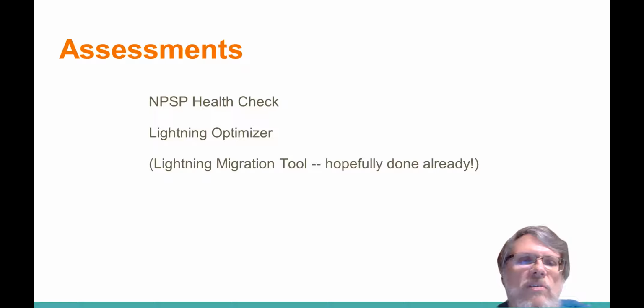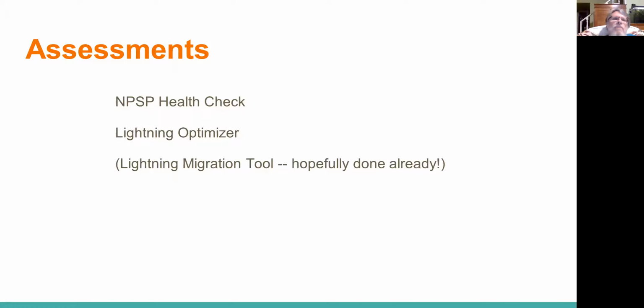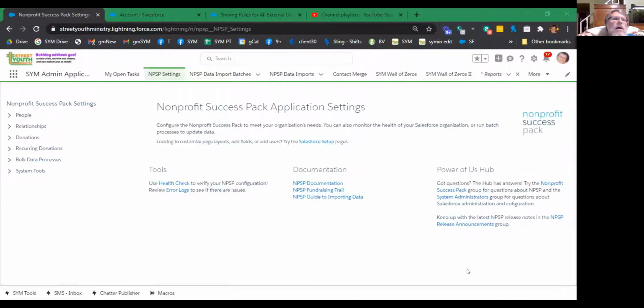So I'm going to switch over to my org. All right, you are looking at my customized admin application. It's just a set of tabs that you can put together for yourself. You only want to make it visible to people who are admins.